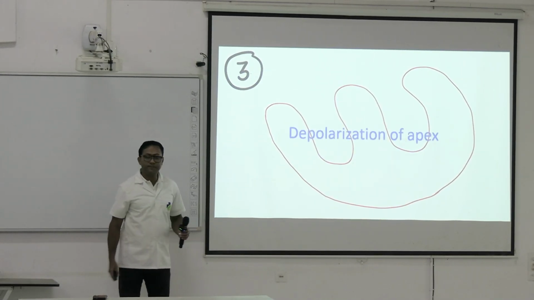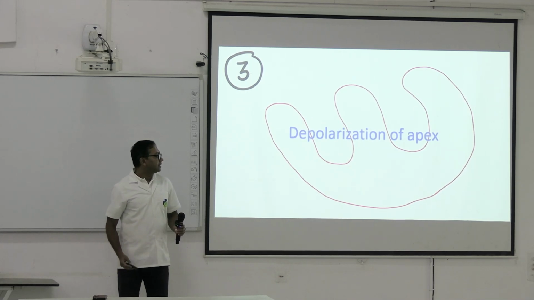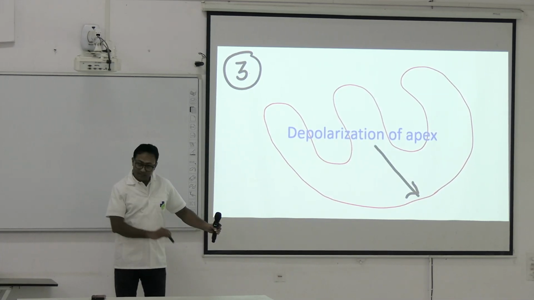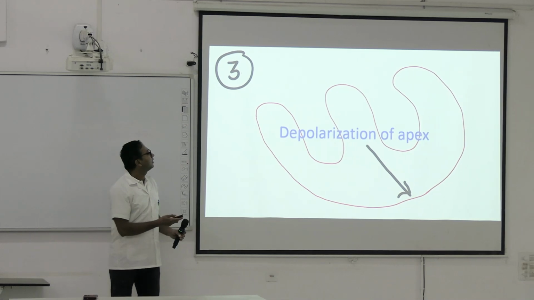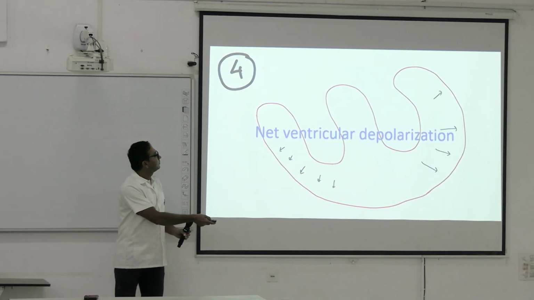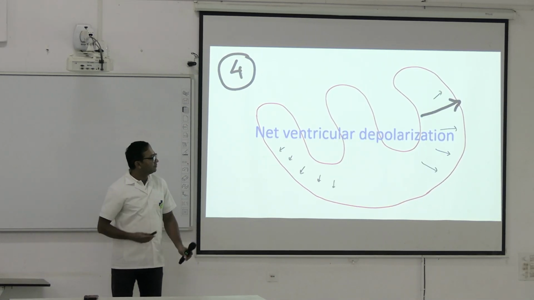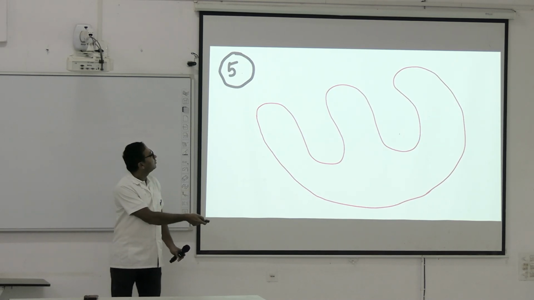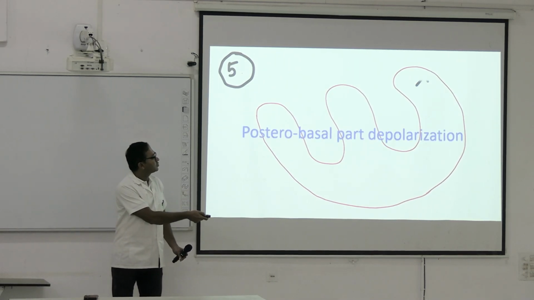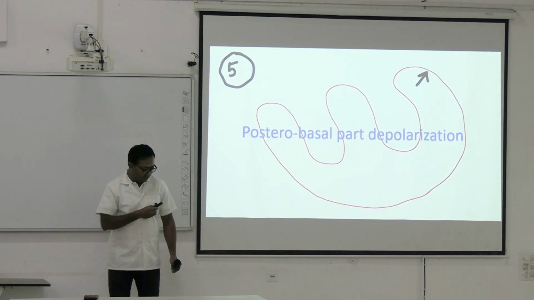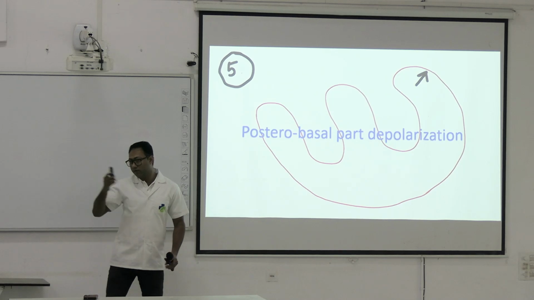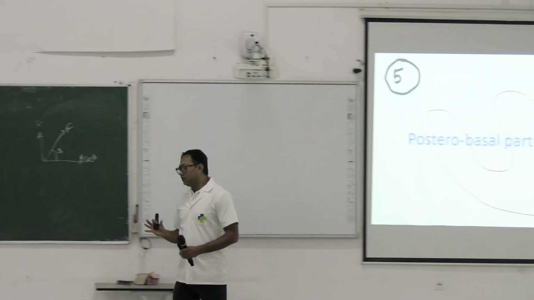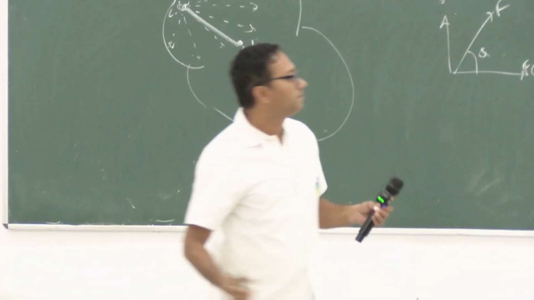Now third is the depolarization of the apex, and the direction is this, right? Now fourth, the net ventricular depolarization vector, the direction is this, right? Now the fifth vector, which is the posterobasal part depolarization, direction is this. Clear? So this is happening in a sequence 1, 2, 3, 4, 5, right?